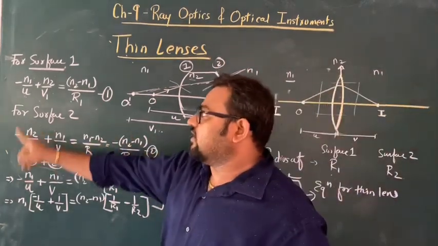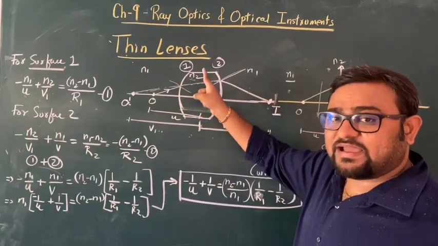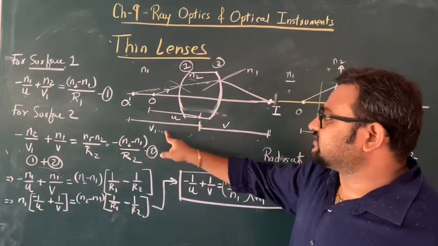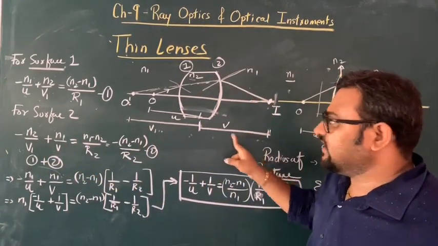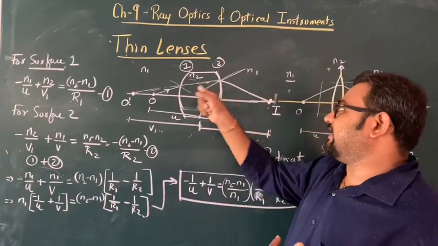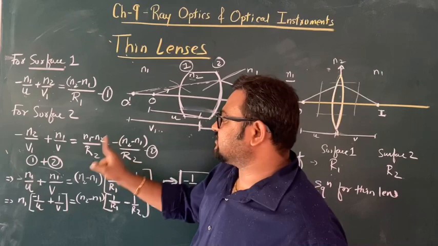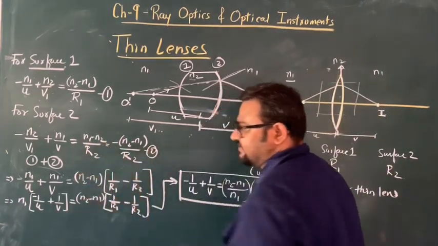So here minus n2, because it is entering from refractive index n2, so minus n2 by object distance v1 plus n1 by image distance v equals n1 minus n2, because it is entering from n2 to n1, upon r2. Taking the negative sign common, we get this.